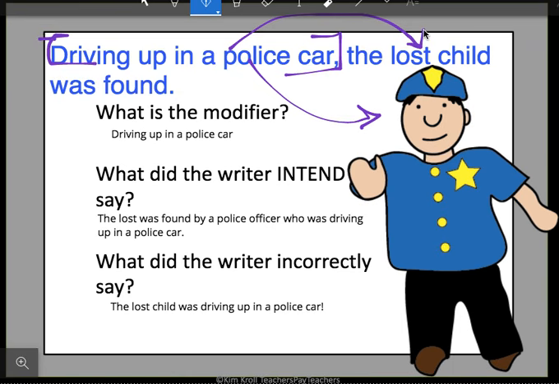So it makes it sound like the lost child was driving the car, which doesn't make sense. In actuality, we want the police officer to be driving the car. The police officer doesn't appear anywhere in this sentence. So that makes this a dangling modifier because the word that this is describing is not in this sentence at all.